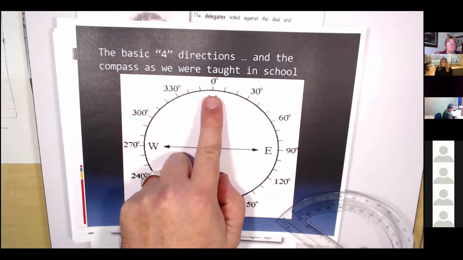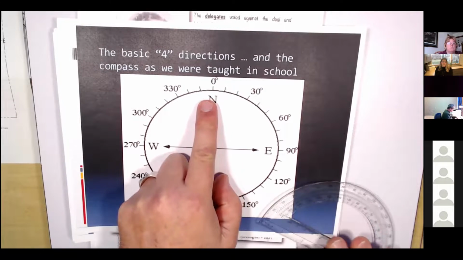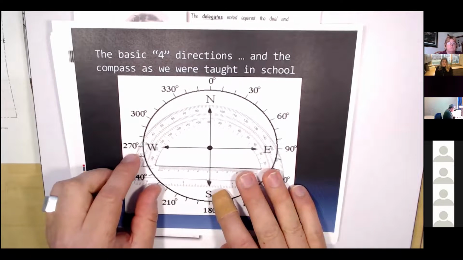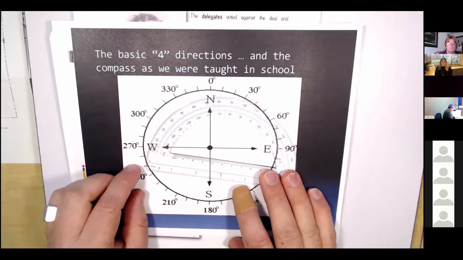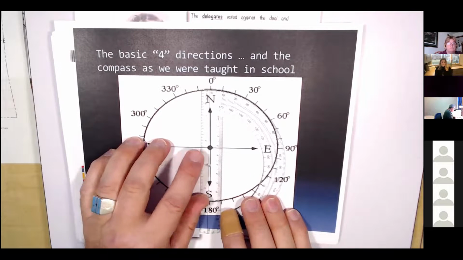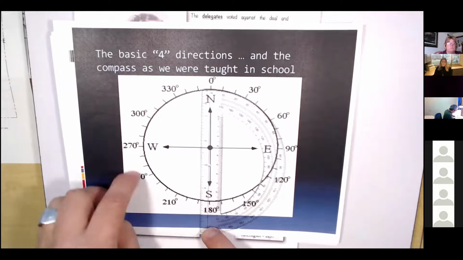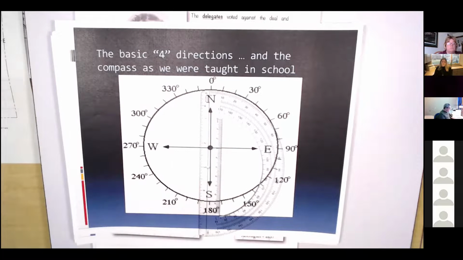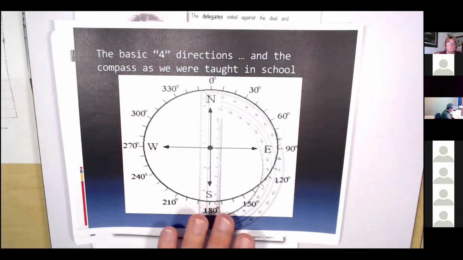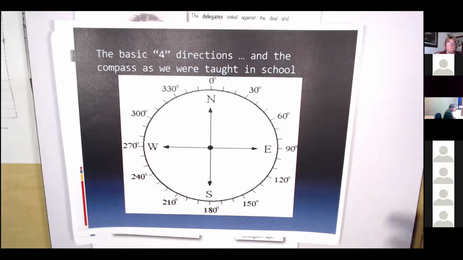But if you look at the degrees here on the compass, you'll see that it starts at 0, and then it runs all the way around to 180, and then another 180 gets you all the way back to 360. Land is not described using that form of compass, and we'll get into what we are using later on.